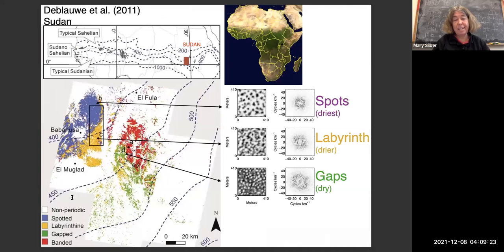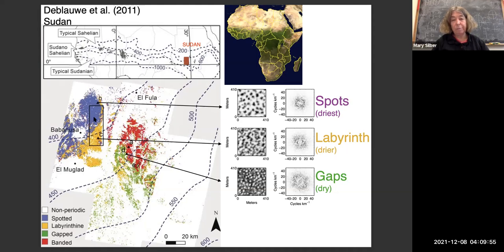So what they did in this study is it was associated with this red rectangle in Sudan, and you can see the precipitation levels, going from 200 millimeters a year to say 600 millimeters per year. And so they look in that region and they built a classifier for the pattern. At each location, they decide, is there a vegetation pattern or not? And if it's a vegetation pattern, they classify it according to whether it's spot, labyrinthine, gapped, or banded.